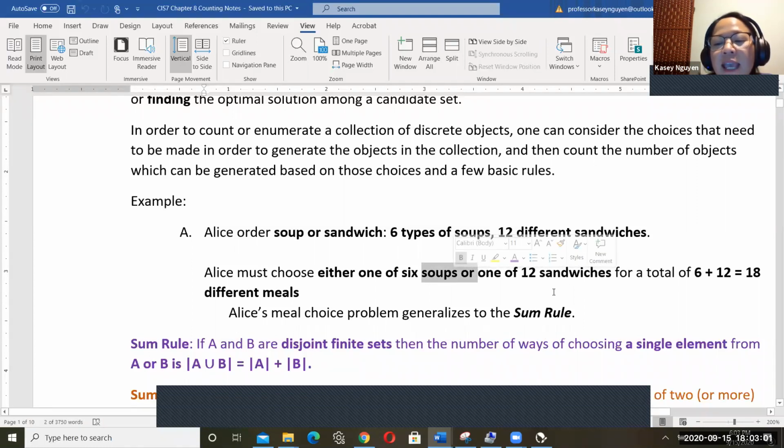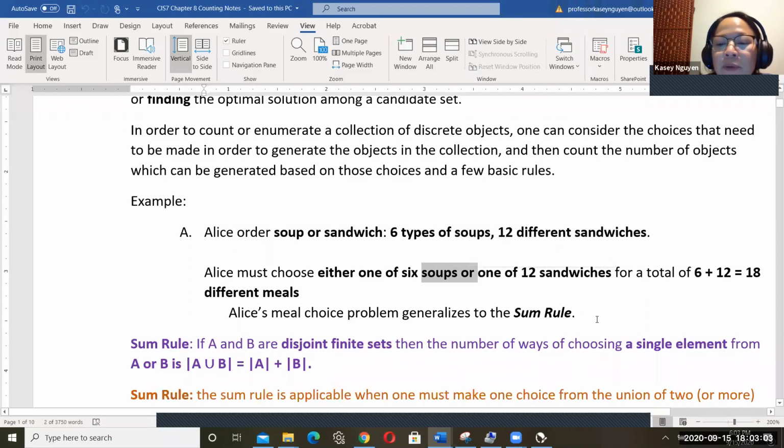So in this case, we would use the sum rule. When you have multiple options and you have to select one out of the multiple options, then you have a sum rule. I have a choice of 6 soups and a choice of 12 sandwiches, so that gives me 18 different meals.